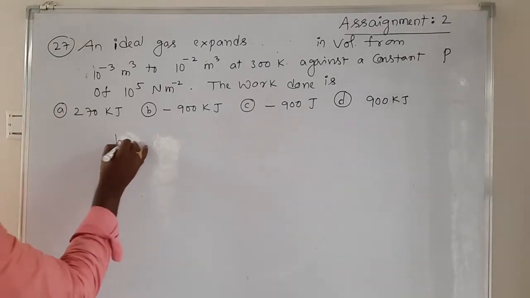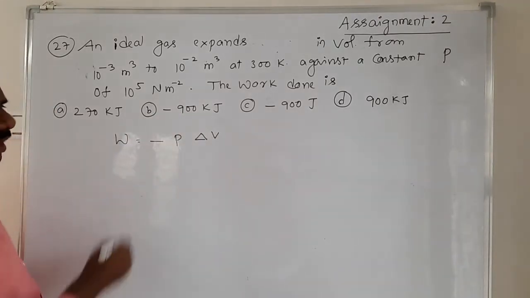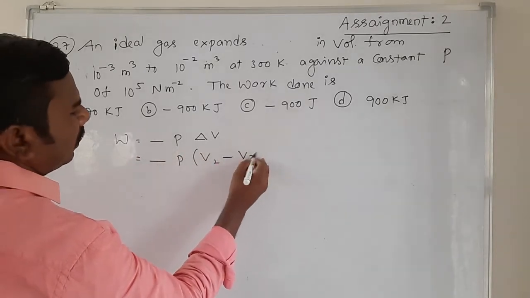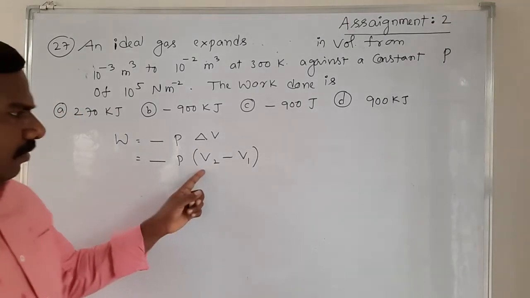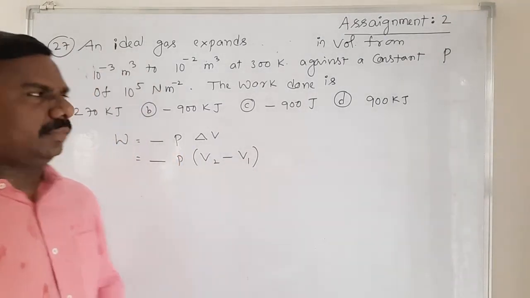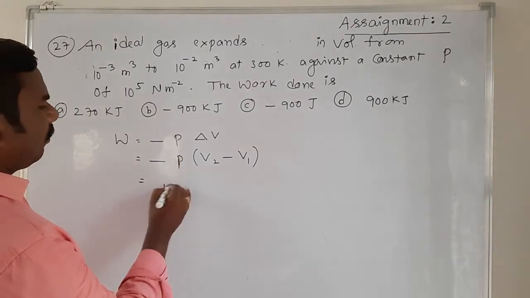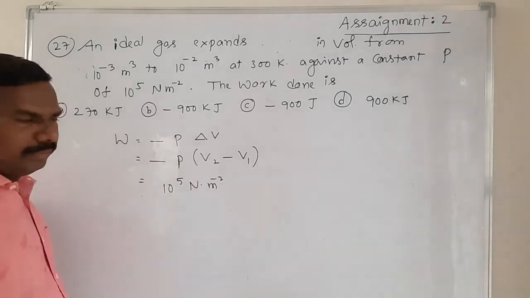So work done formula is minus P delta V. Simply minus P into V2 minus V1. Delta V is change in volume, that is final volume minus initial volume. Pressure is 10 to the power of 5 Newton per meter square.